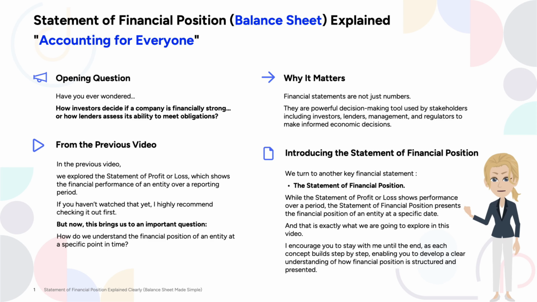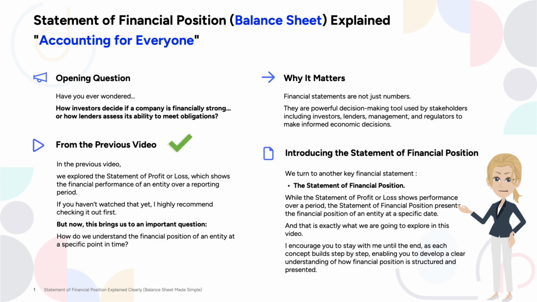And to understand how these decisions are made, we need to look at how financial position is reported. In the previous video, we explored the statement of profit or loss, which shows the financial performance of an entity over a reporting period. If you haven't watched that yet, I highly recommend checking it out first.